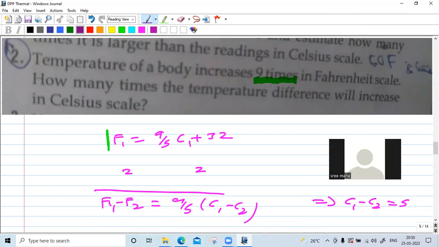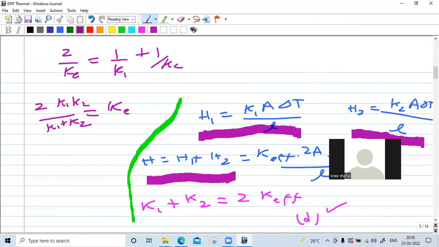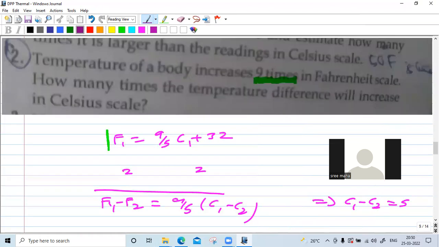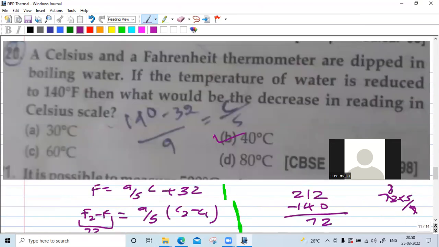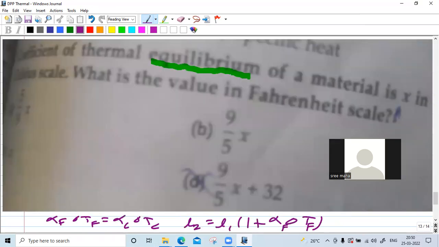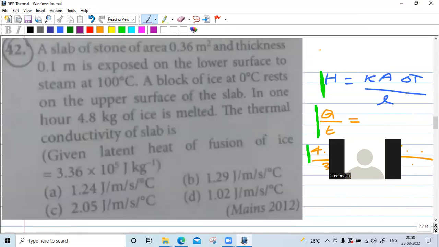How many are here? I think 1, 2, 3, 4, 5, 6, 7, 8, 9, 10, 11. Four are missing. Okay, I'll do it next time because I have to copy from WhatsApp, right?